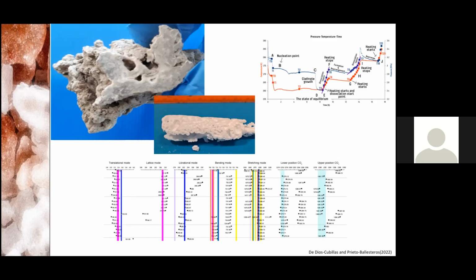But during the experiments of the clathrate formation and dissociation, the carbonate structure took diverse polymorphs of calcium carbonate, different from pure calcite, aragonite, or vaterite.